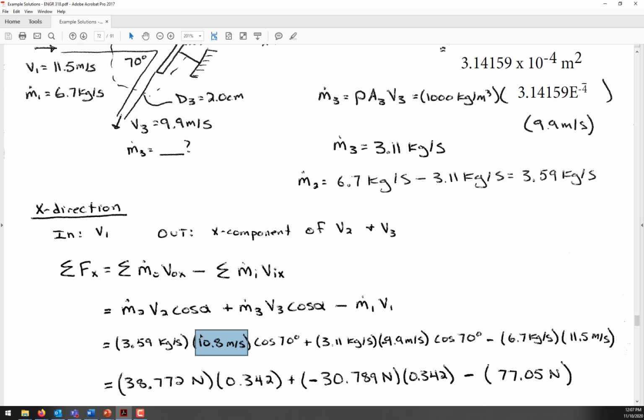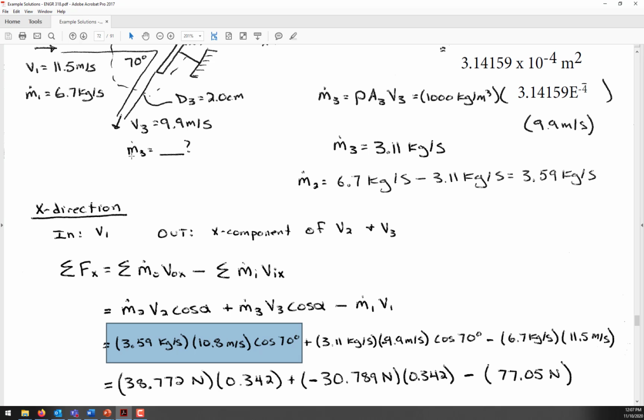So it's got a positive 10.8 meters per second, and then we get the component of that velocity that's in the x direction by multiplying by the cosine of 70, because it's not all horizontal. Since it's been deflected, a good amount of that velocity is going to be in the vertical direction. Okay, so that's our first component of the outflow.